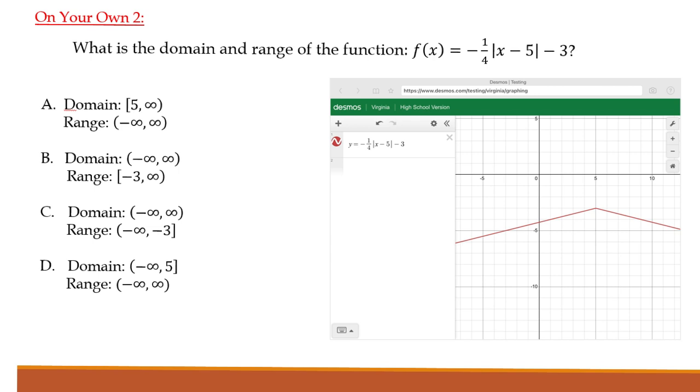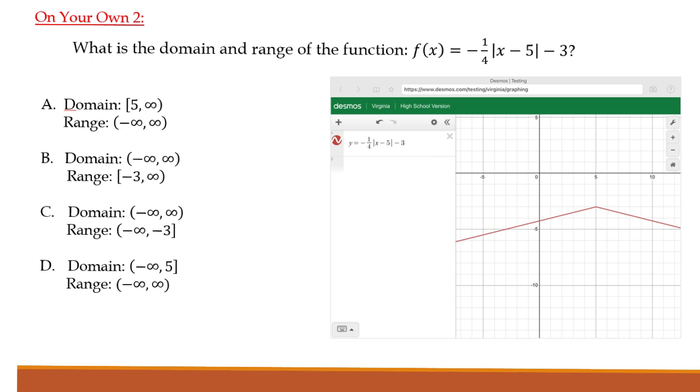I'm going to find my vertex, okay, and my vertex of this particular graph is at this point, and this point is the ordered pair 5, -3.